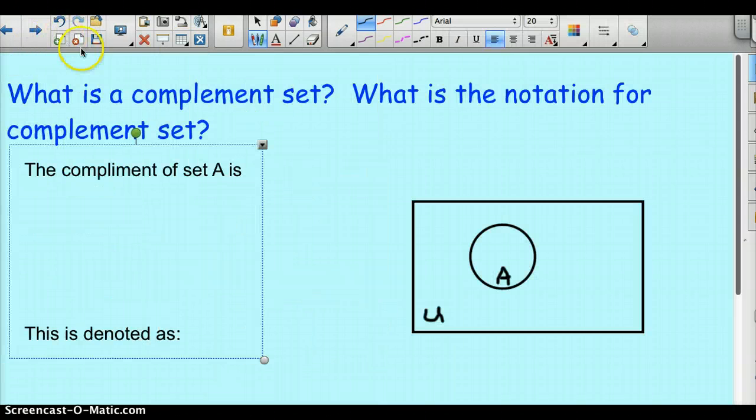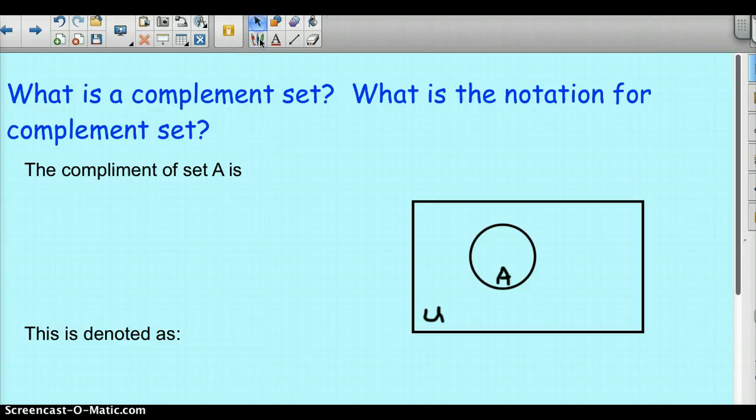So we've set up what a Venn diagram is as well as some characteristics of Venn diagrams. We're going to move on at this point to complement sets.